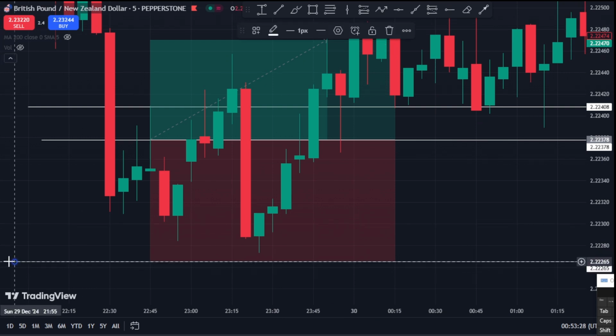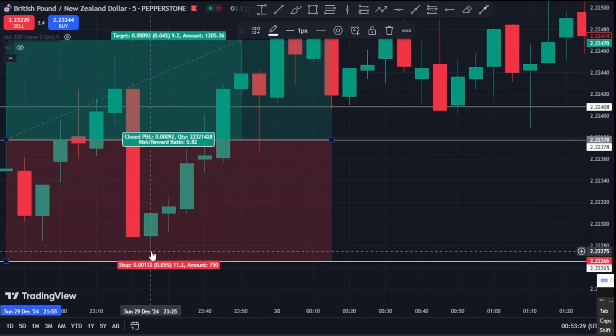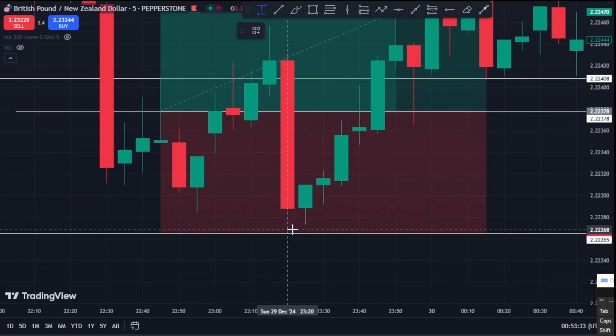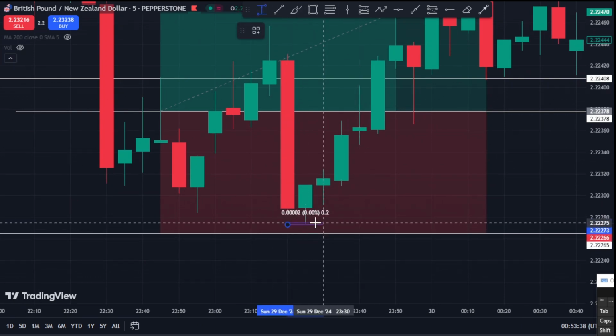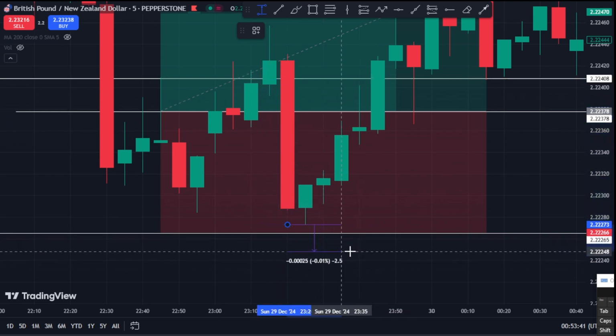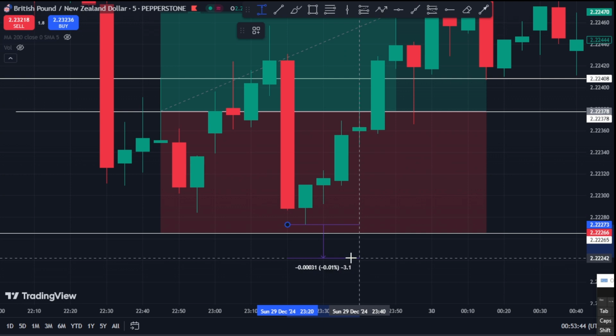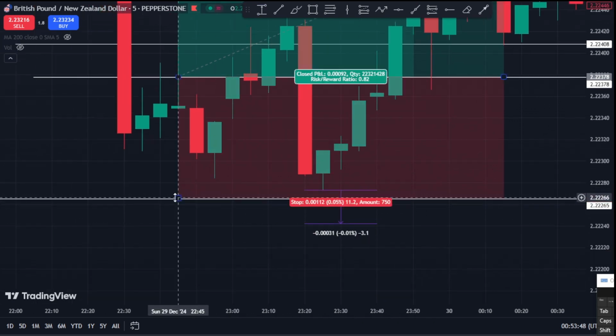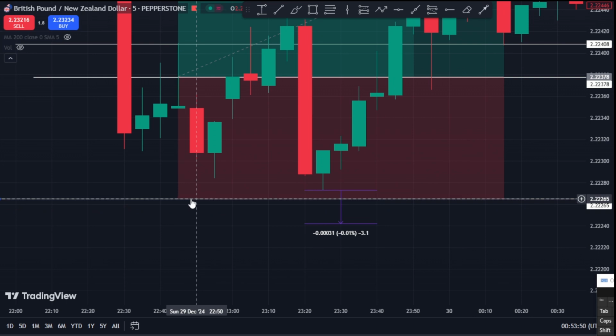If your stop was down there and you got stopped out right here, this is because of your limit order. The price together with your spreads came 3 pips down, and just crossed and touched your stop loss.